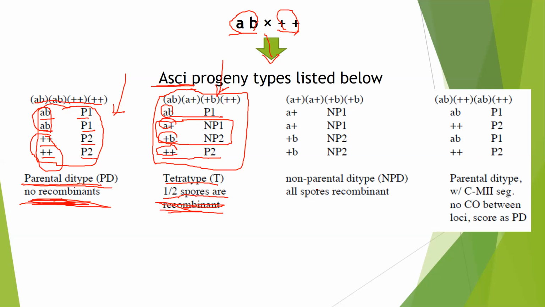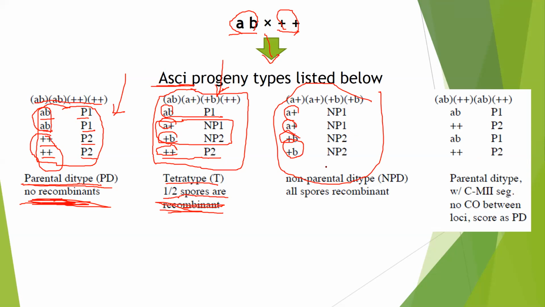All right, let's look at this one. If you got this one, all of them are non-parental. There are many crossovers occurring in this one, which means this is a very rare situation.